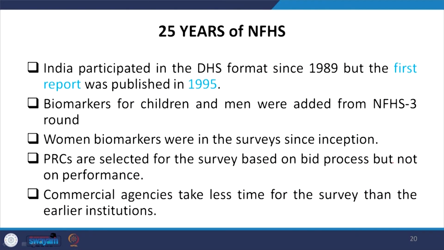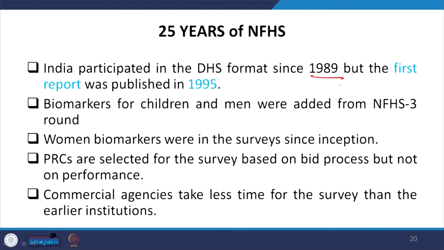Now, the legacy of 25 years of NFHS is important because India participated in the NFHS or the DHS format since 1989, but the first report was published in 1995.